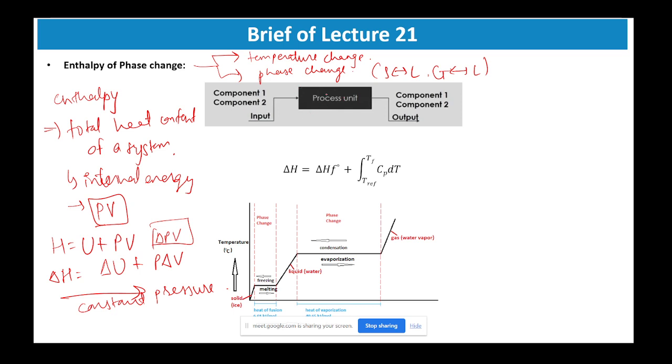So say for example, if you have a process unit denoted here, and the input stream has two components and the output stream has the same components, here there is one assumption that no reaction is occurring.